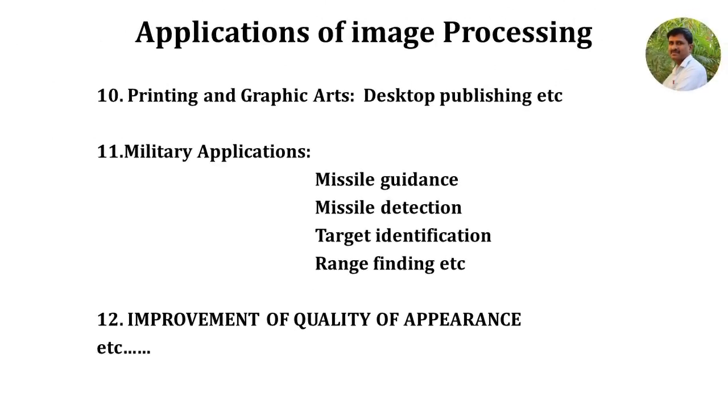Image processing is used in printing and graphic arts, in military applications, in missile guidance, missile detection, target identification, range finding, etc. It is also used for improvement of quality of appearance, that is improvement of pictorial information.